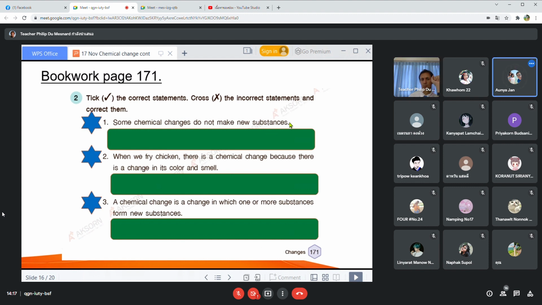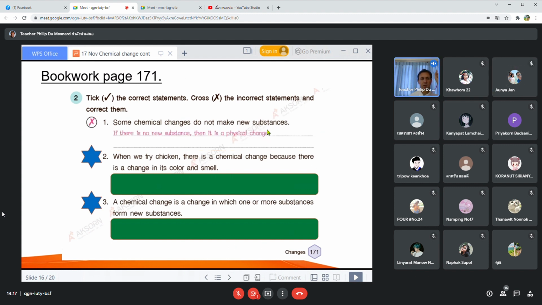Wrong. Very good. If there's no new substance, it's actually a physical change. So in a chemical change, there is always a new substance, because page 168 says a new substance is formed.